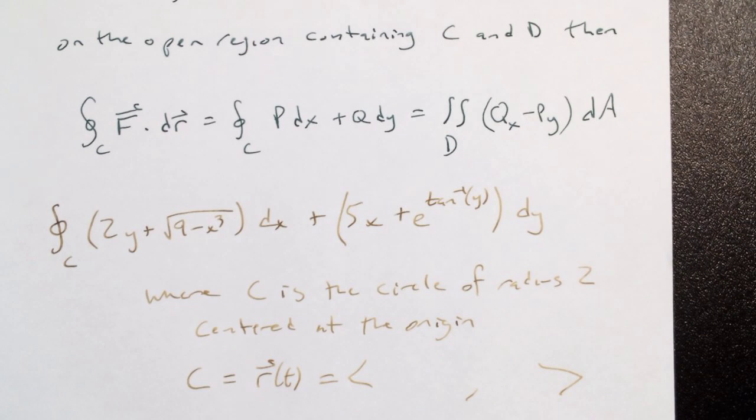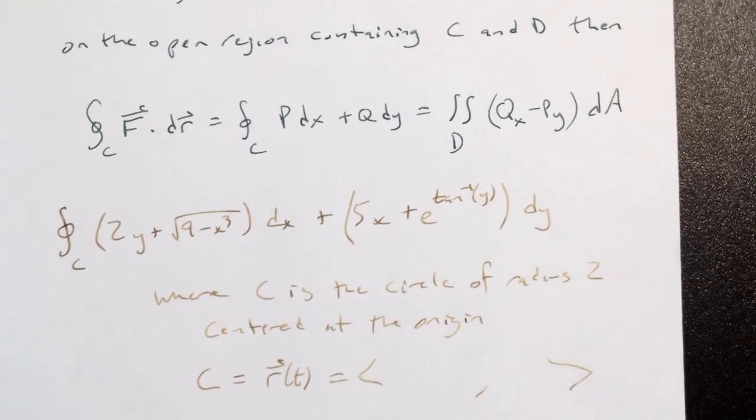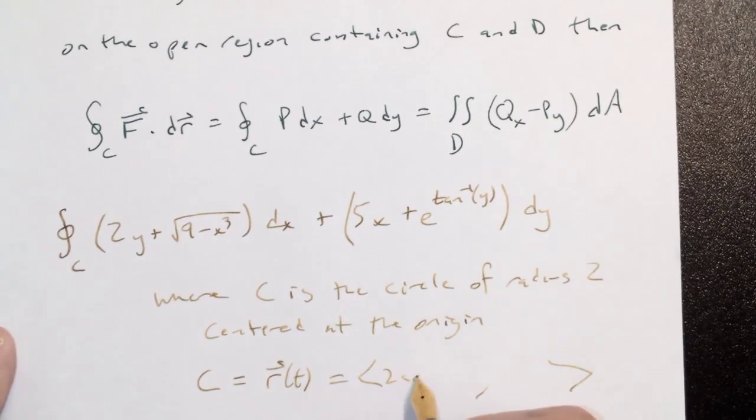Almost. So it's 2 cosine and 2 sine. The radius is 2, yes? It would be x squared plus y squared equals 4. So that makes x equal to 2 cosine t and y equal to 2 sine t, 0 less than or equal to t less than or equal to 2 pi.